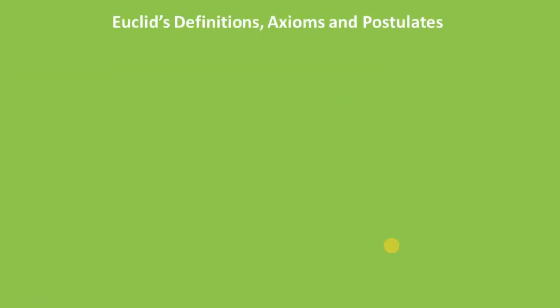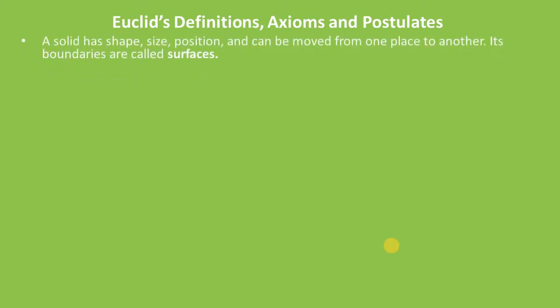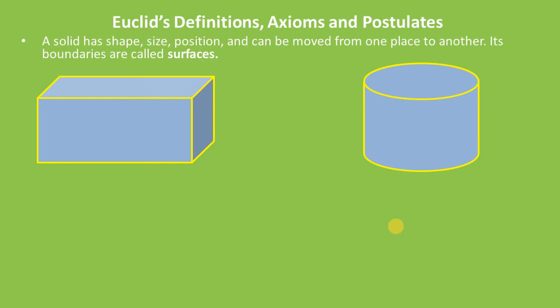So let us go through some of the definitions, axioms and postulates. A solid has a shape, size, position, and can be moved from one place to another. Its boundaries are called surfaces. Let us see these two figures: one is a cylinder, another is a rectangular solid.